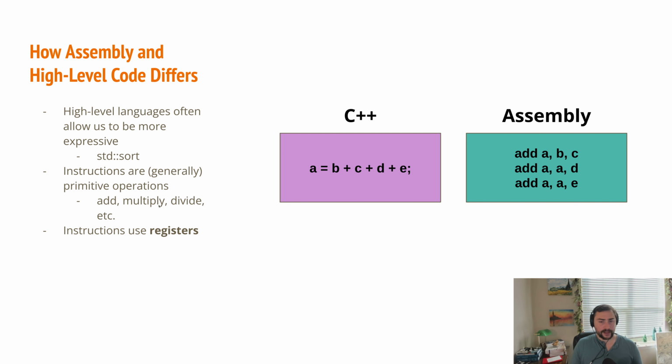So we can still be general in terms of the applications that we can run with the instructions that we have. Now, there's a number of reasons why we have primitive instructions. A good reason is that something like std::sort would be very difficult to implement in terms of hardware, right? We wouldn't want to necessarily spend the time and resources in silicon to implement such a complex operation with a dedicated instruction, when we can just synthesize it out of much easier to implement simple instructions.